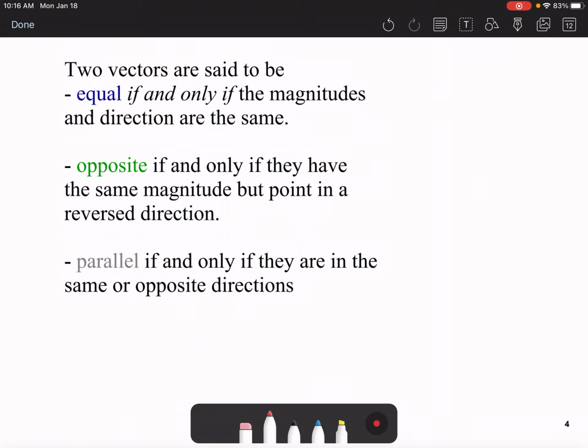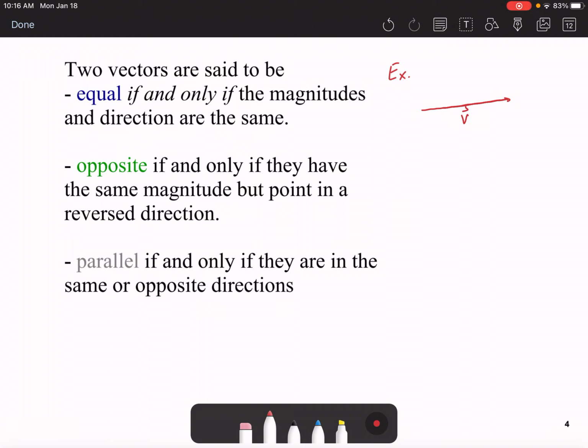Two vectors are said to be equal if and only if the magnitudes are the same and the direction is the same. Let me show you an example here. I'm going to draw a vector, just any size vector, using my ruler. I'll call this vector v.